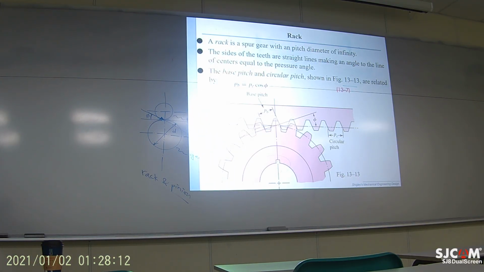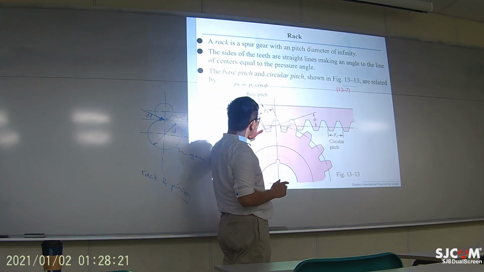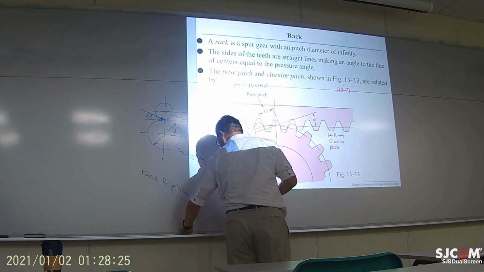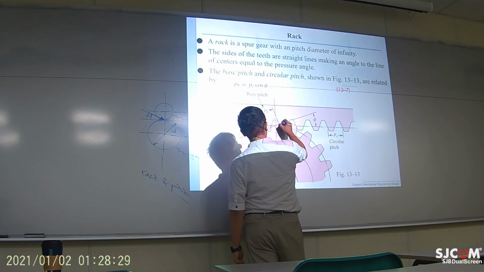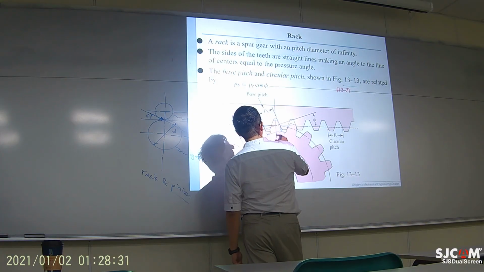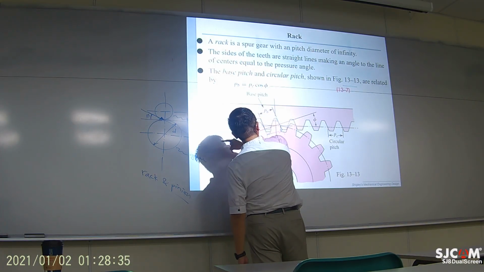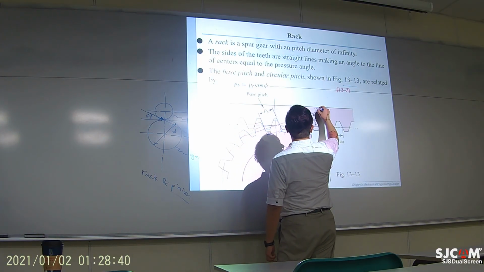And for a rack, the tooth is following these straight lines, so you can also study the pitch along this direction. This direction is basically following the pressure line, right?